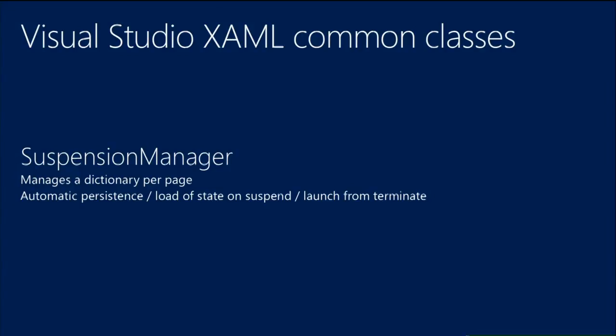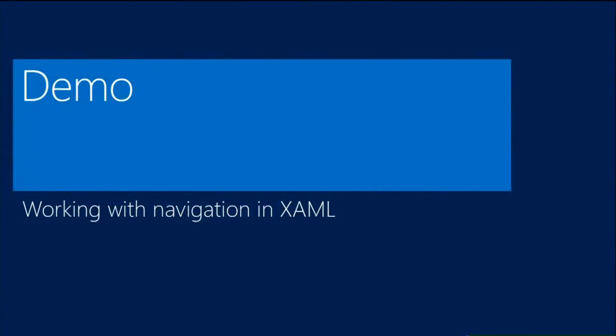You put code in your application class, which I'll show, that causes it to save off its state when you suspend, and then when you resume from termination or launch from termination, you put a line of code in there that causes it to restore its state, and then your page can read and write from that in its load and save state methods.